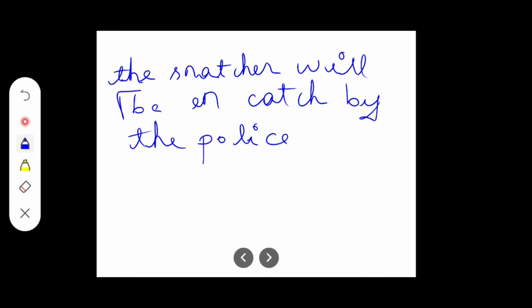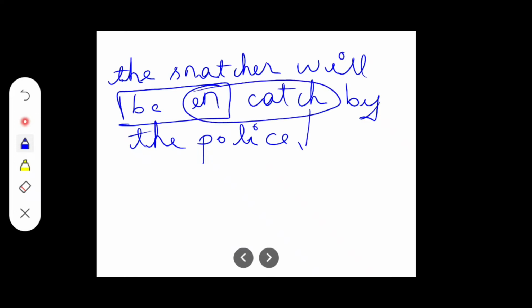Now this "be" and "en", as I said, is going to represent the tense, whether it is past tense or present tense. Depending on the context or the situation, we are going to alter the sentence. Okay, so here "en catch" is converted into catchen.